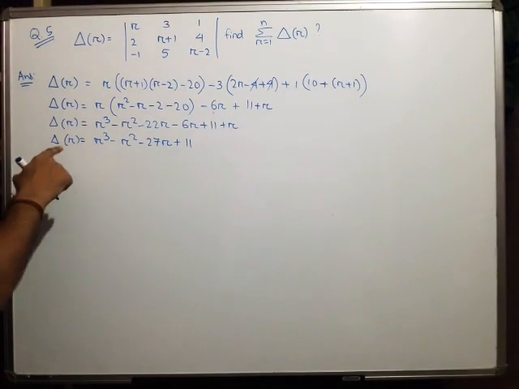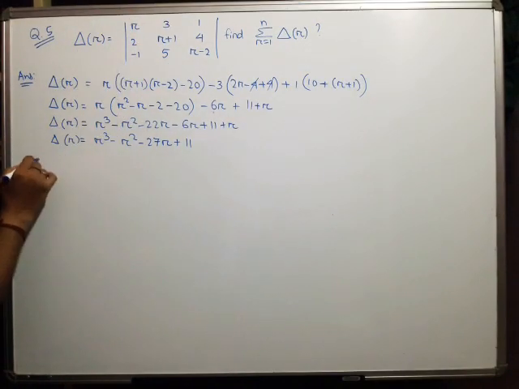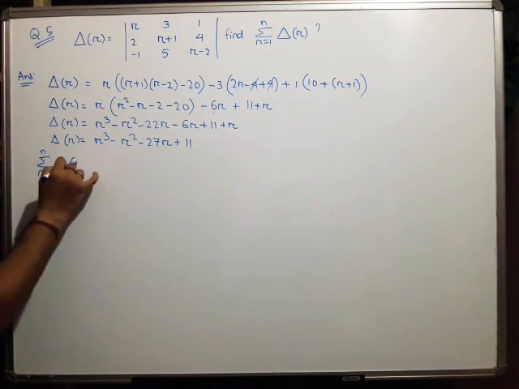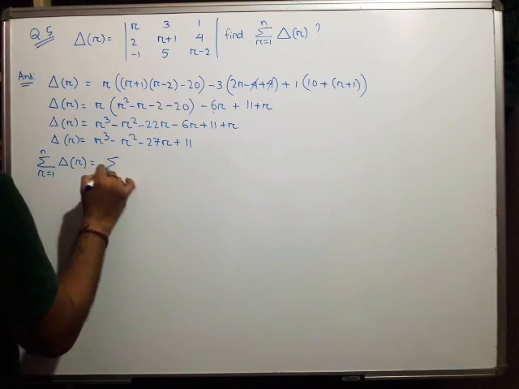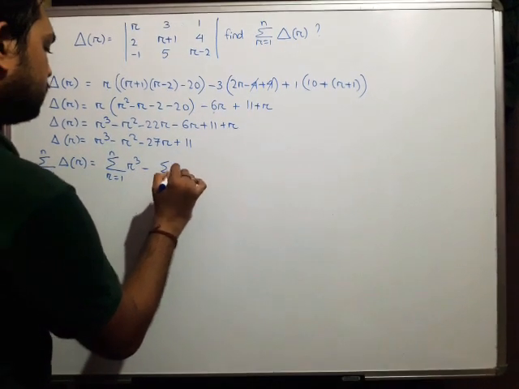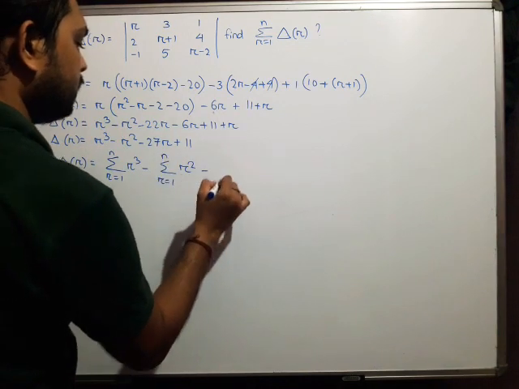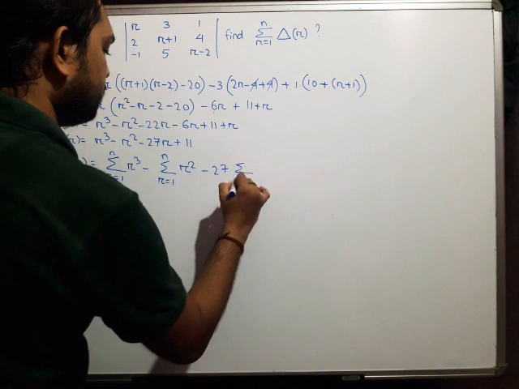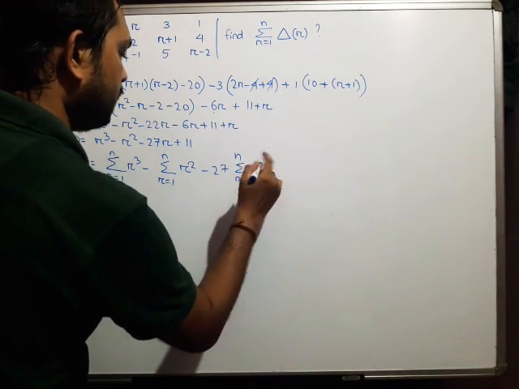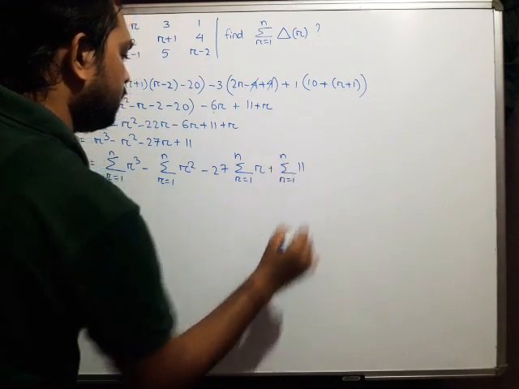Okay, so now we have found the value of this determinant in terms of r. Now we can apply summation r equals 1 to n of delta r. This will be equal to the summation of r cube, r equals 1 to n, minus the summation of r square, r from 1 to n, minus 27 times the summation of r, r equals 1 to n, plus the summation of 11, r equals 1 to n.